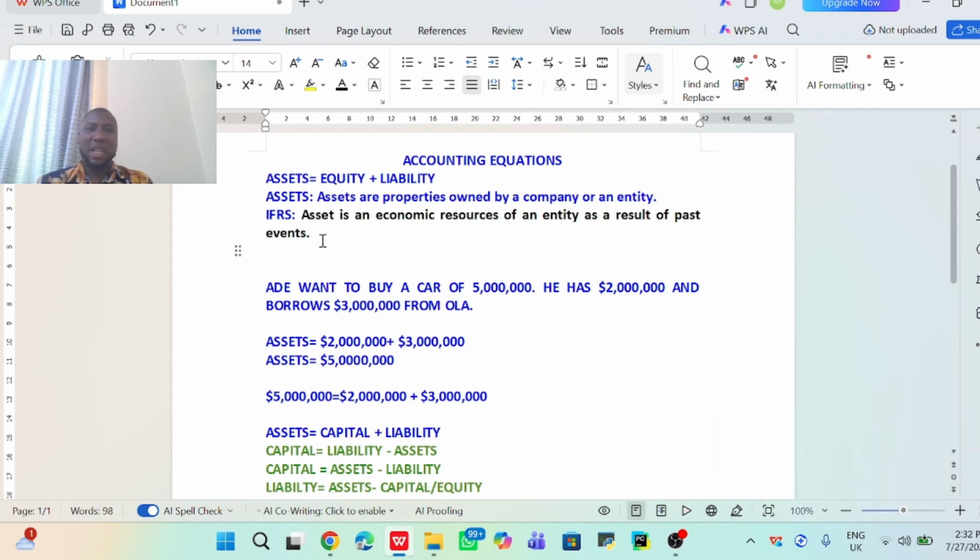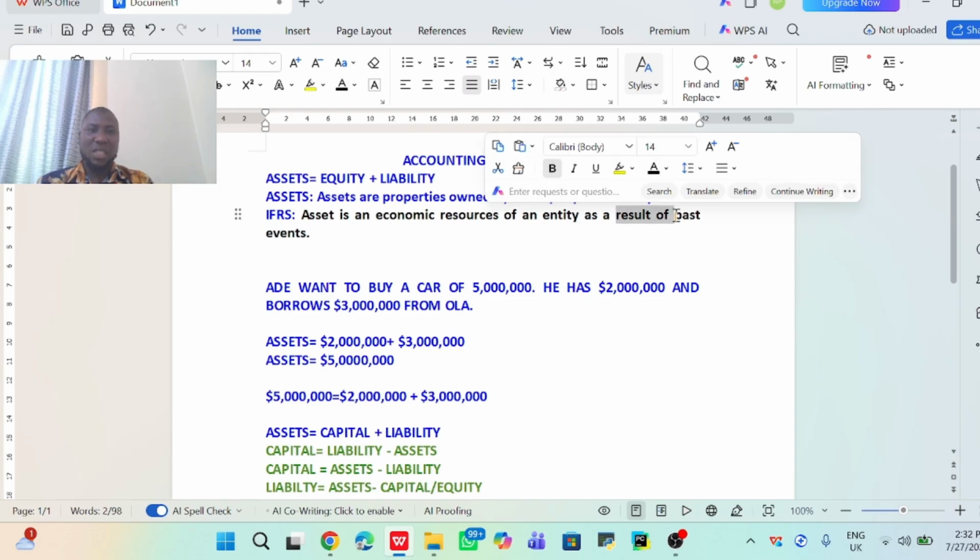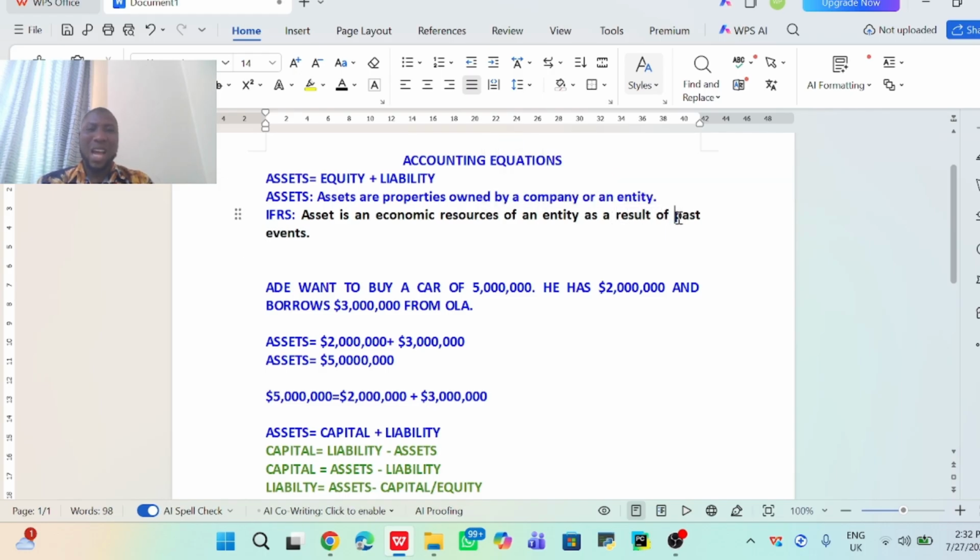As a result of past events means what has happened: you have acquired it before, you bought it before, or you leased it or rented it. Something that has happened before.